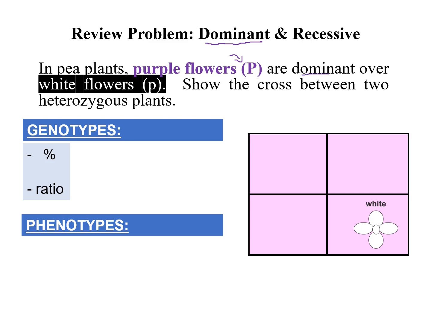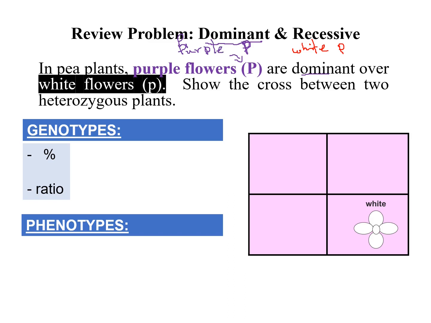Here you have these purple flowers that are P, and you will also have white flowers, that are the white flowers that have a lowercase p. Okay, so that is the first thing that you have to do, write the information.